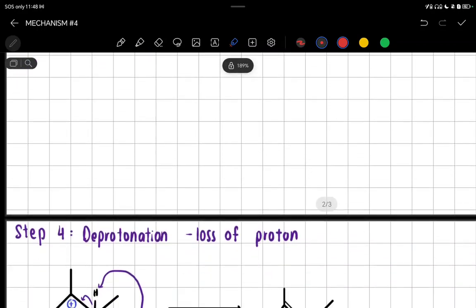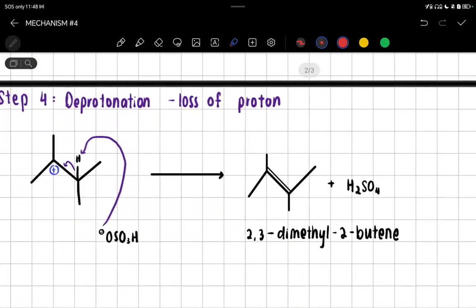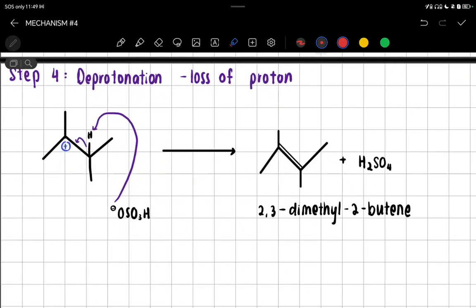Now we go to the fourth step. So this one will act as a nucleophile base and attack the H atoms of the C atom adjacent to the C bearing the positive charge.